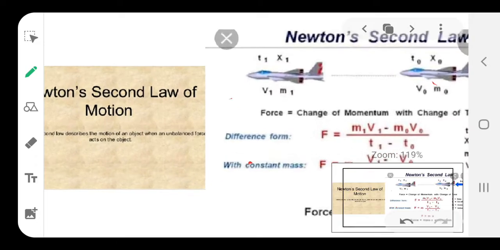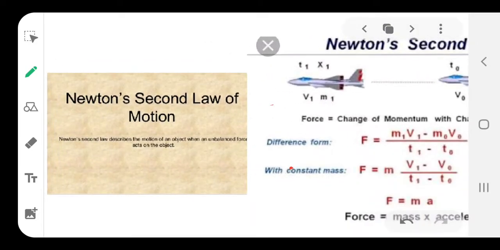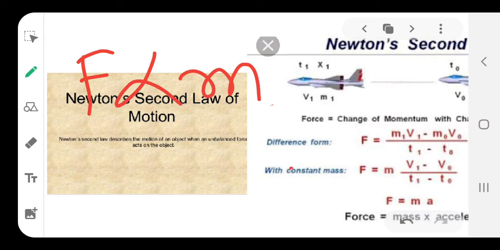According to Newton's second law, the force acting on an object is directly proportional to the product of the mass and acceleration produced in the body by the force. This is the statement of Newton's second law.